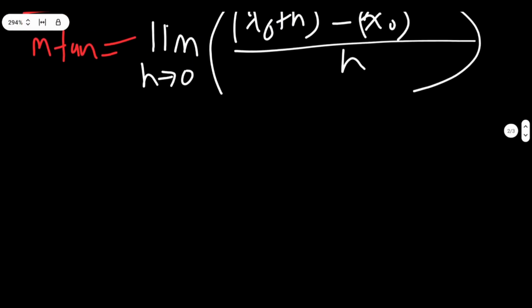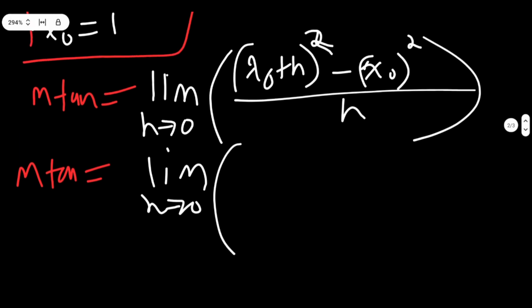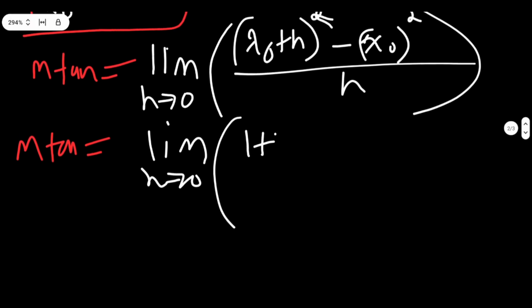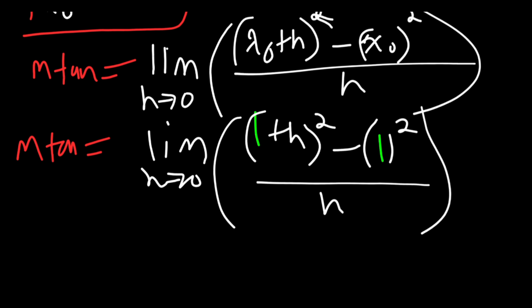So then we get m tan equal to the limit as h goes to 0 of, finding it when x equals 1, 1 plus h squared minus 1 squared, over h.